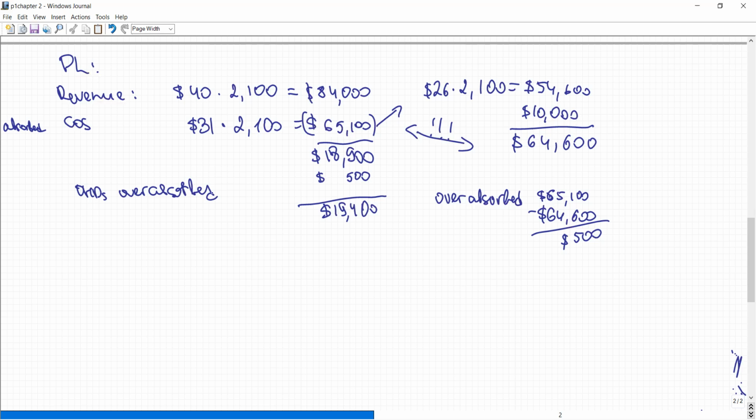So we calculate the profit as we think it's going to be, and then we just correct that by overheads over absorbed. This means that we included in our cost more than we actually paid, or under absorbed, which would be when we include less than we actually pay. So we would subtract even more.